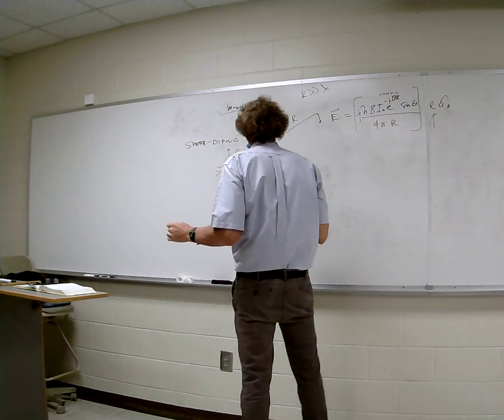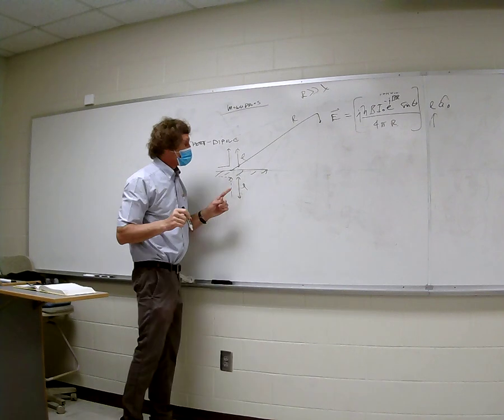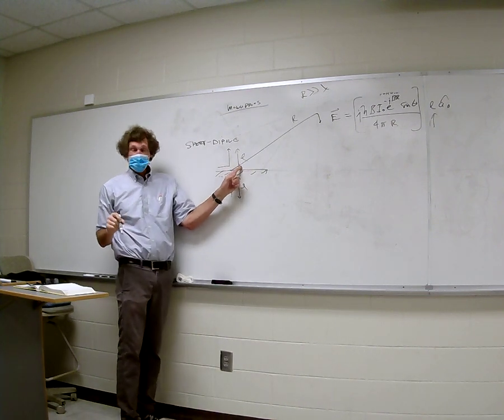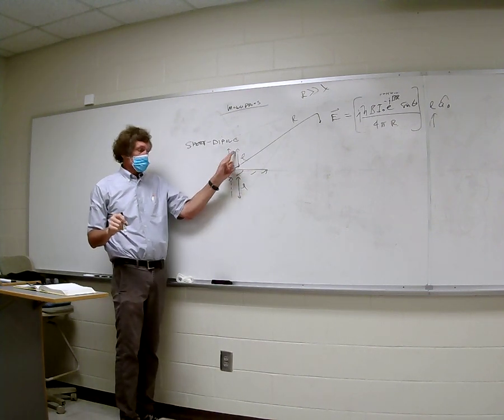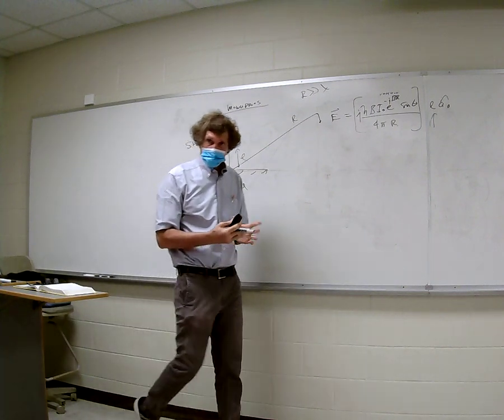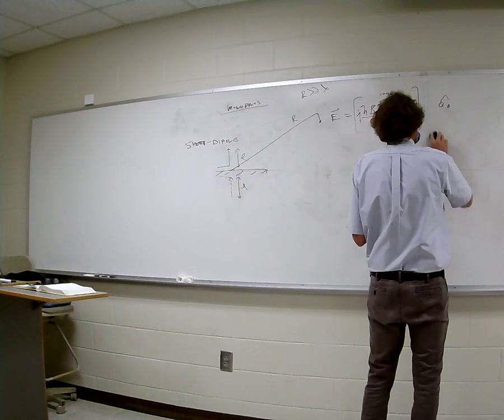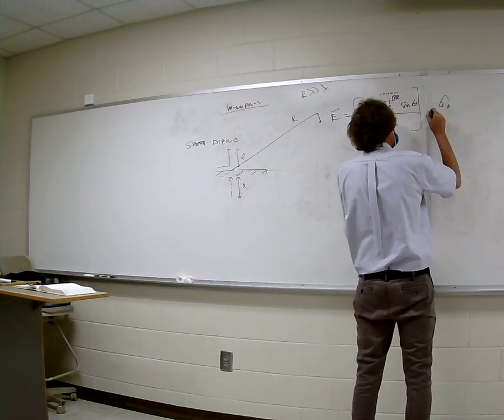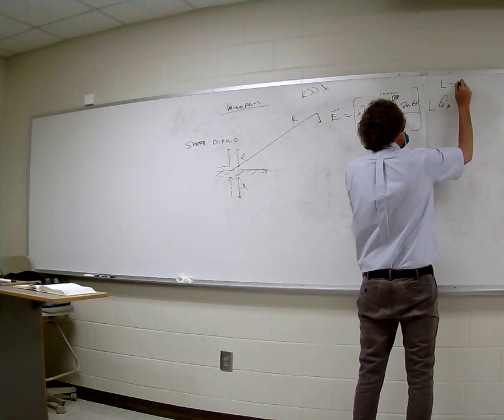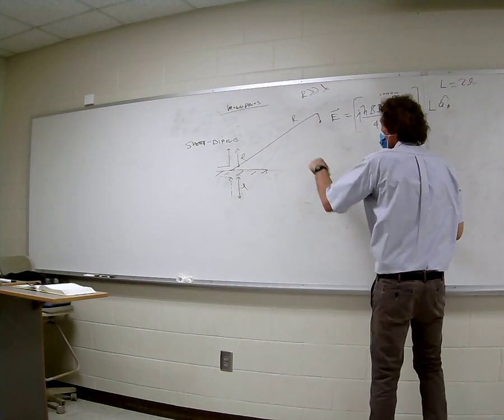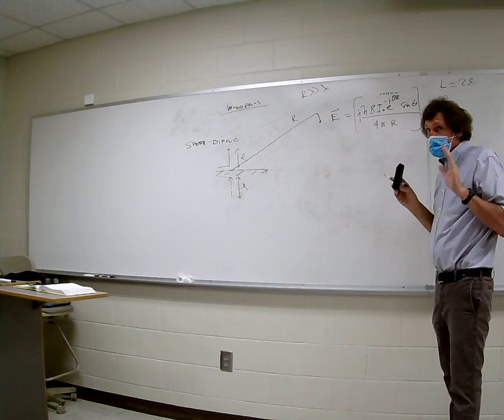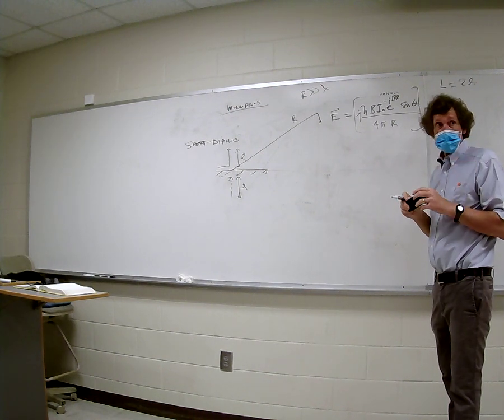L is the length. Here's a mistake: they'll use this length, but it's not that length. That length is double that. Maybe I should use a capital L out there. So this length L that I'm showing you would actually be the 2 small l that I'm showing you. That'd be the electric field. You with me on this?